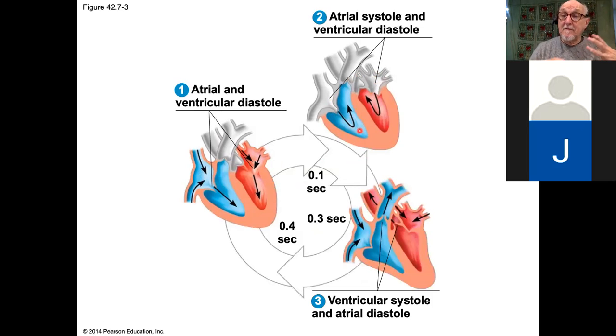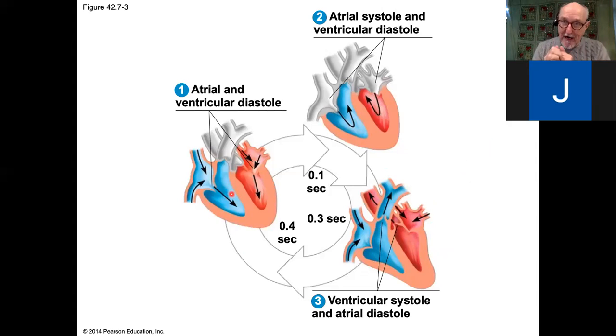Now the atria relax and the ventricles contract. So we have now atrial diastole and ventricular systole. And the ventricular systole squeezes the blood out to the lungs and out to the body. And then we return to a recovery, a relaxation, and then we have our next heartbeat: contraction of the atria, the relaxation, contraction of the ventricles, and so on.